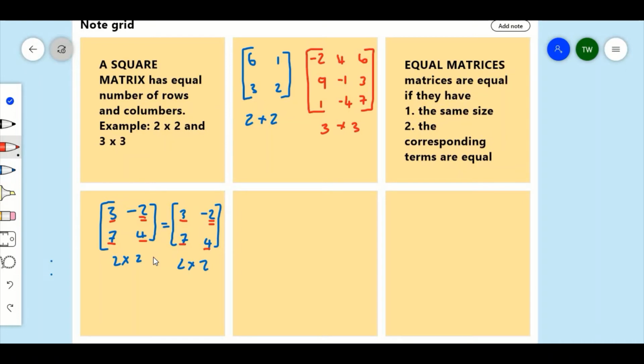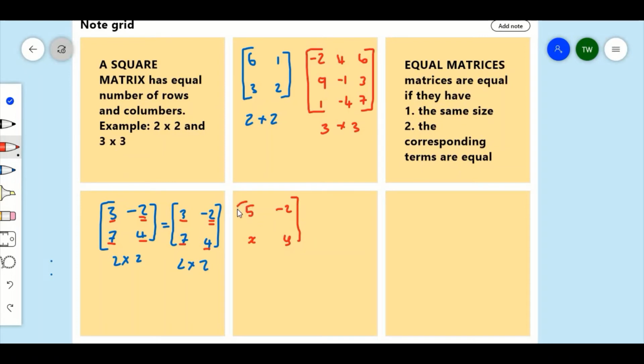So let's say that we have the matrix 5, -2, X, and Y. So that is a matrix.